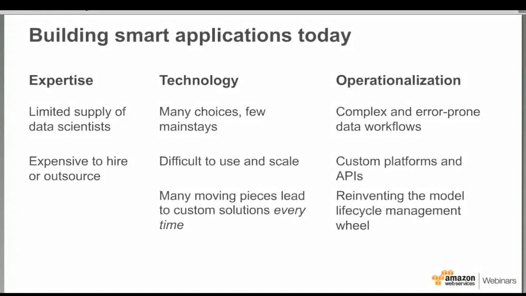The end result is, to do machine learning today, you need a team of engineers and a team of data scientists working together. And much of what they build can end up being custom code that will not be reused. This is slow, expensive, and risky. And that is why the number of machine learning applications out there is far smaller than what it could be.